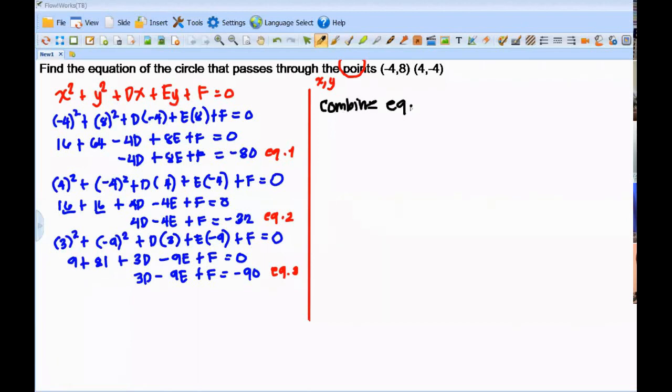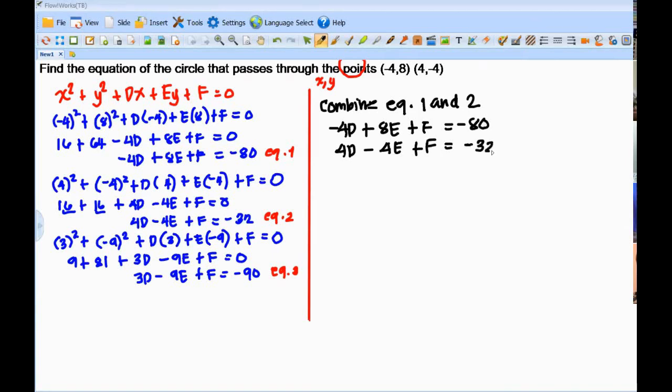So we will write our equation 1: -4d plus 8e plus f is equal to -80. Then we have 4d minus 4e plus f is equal to -32.